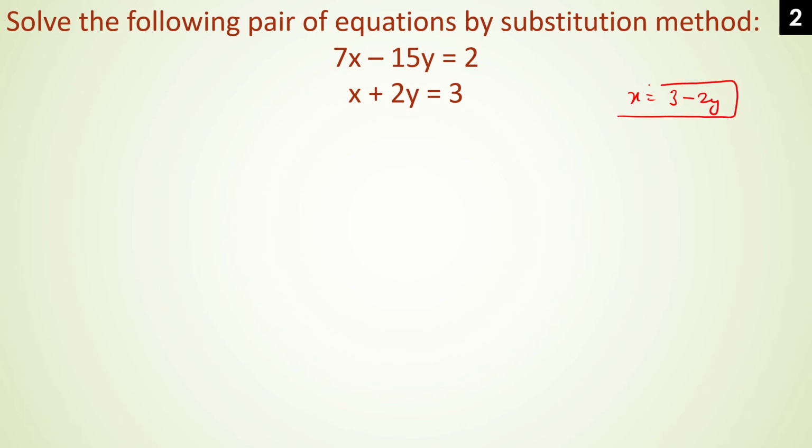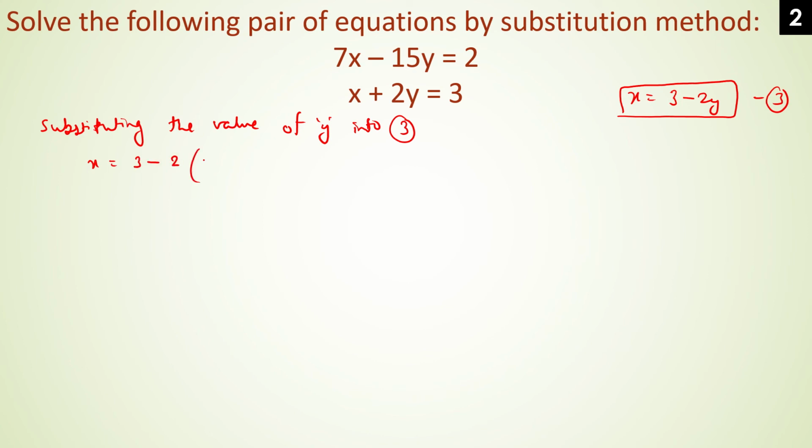This was our equation number third. So substituting the value of y into third, we get x equals 3 minus 2 times 19 by 29.